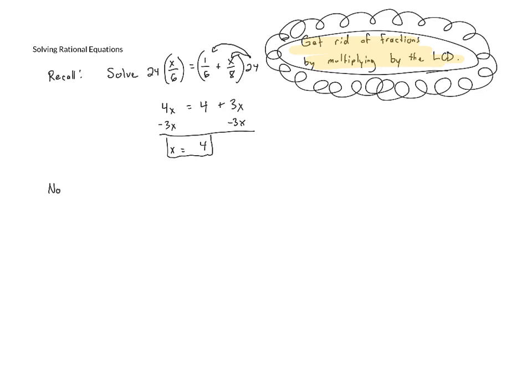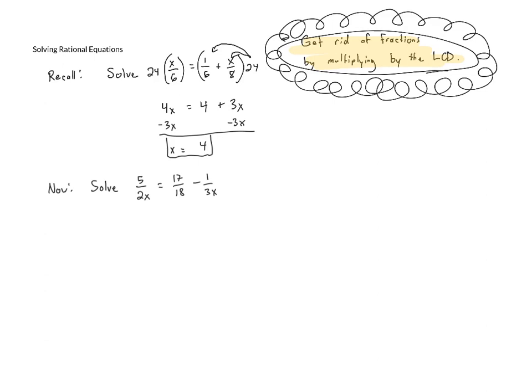So now, let's look at an example of a rational equation to solve, which is just an equation that contains rational expressions. Let's look at 5 over 2x equals 17/18 minus 1 over 3x.